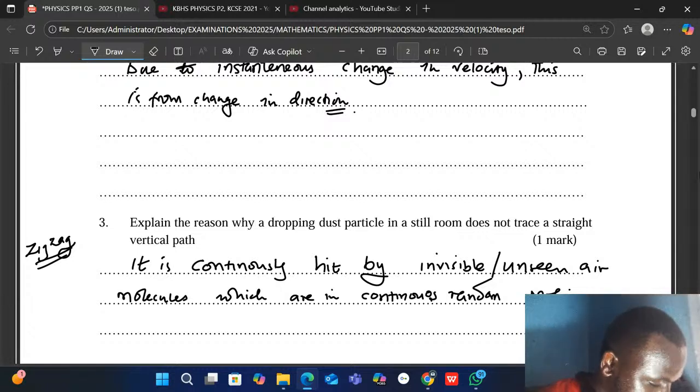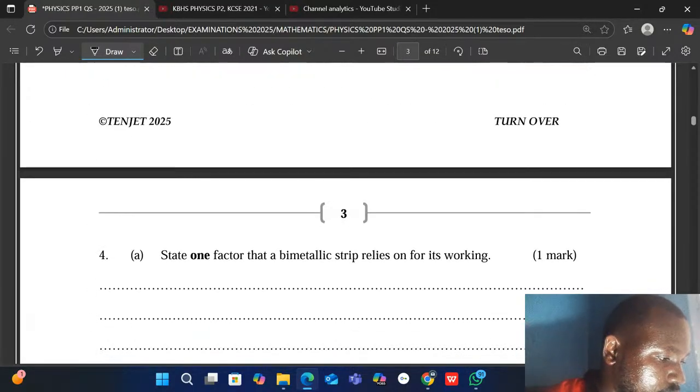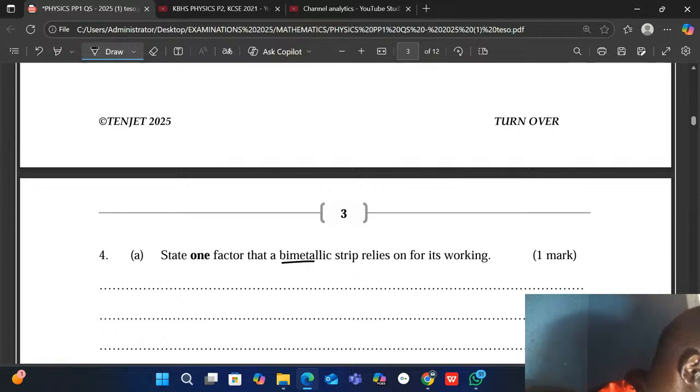Can move to question 4. State one factor on which a bimetallic strip relies for its working. Remember, it is made of metals of different linear expansivity.